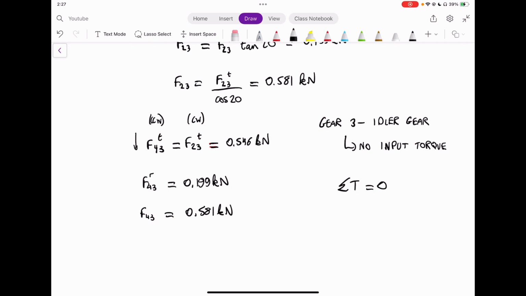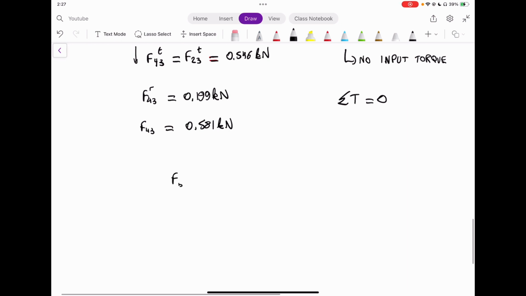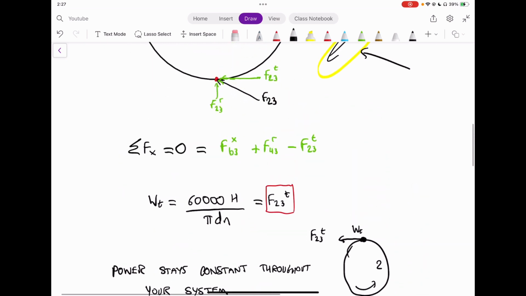Now, the last thing we need to solve for is essentially our FB3. To solve for FB3, we can first solve for it in the x direction, which we can do by recalling the first equation that we came up with, this equation right here at the top, and rearranging it knowing that all the forces in x are equal to 0.